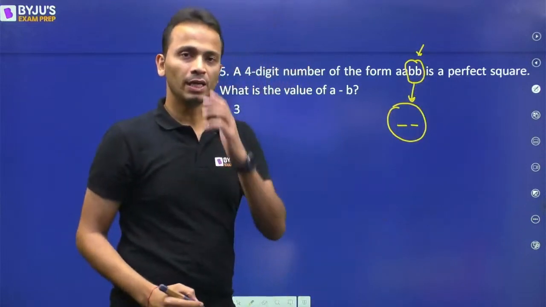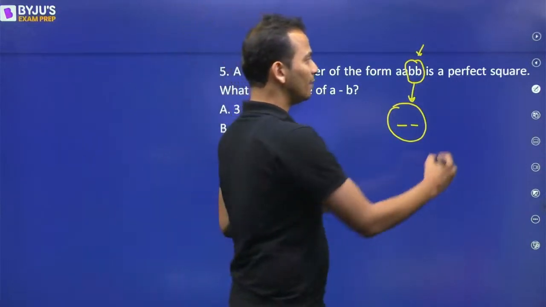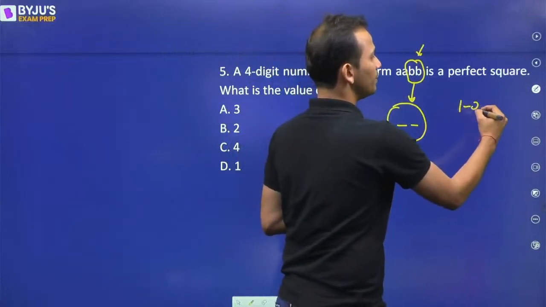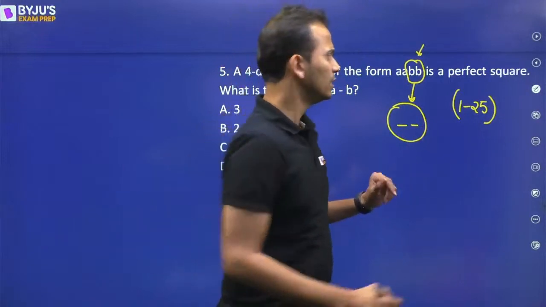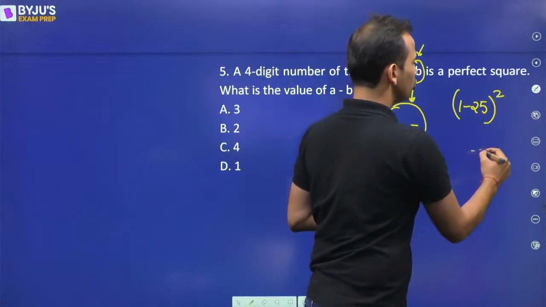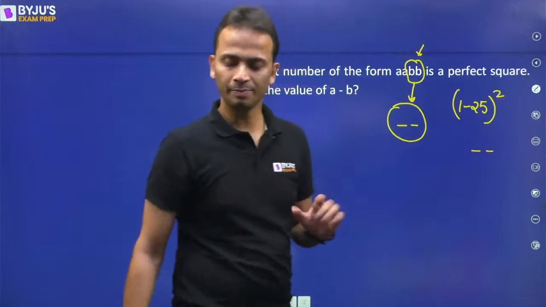Now all of you tell me a number starting from 1 up till 25. एक ऐसा number बताओ 1 से लेके 25 तक जिसके square के last two digits equal हों. I'll repeat my question.